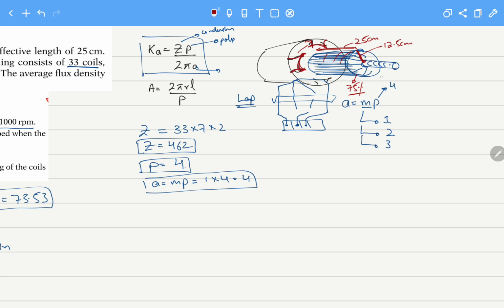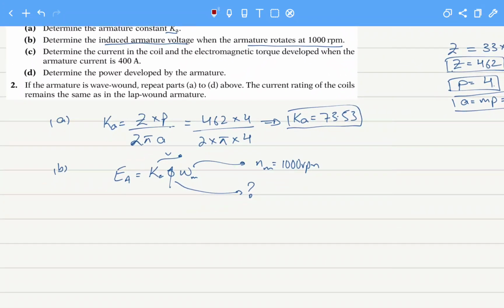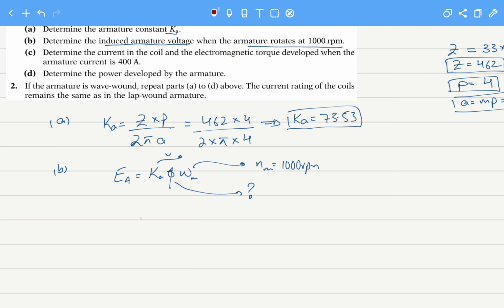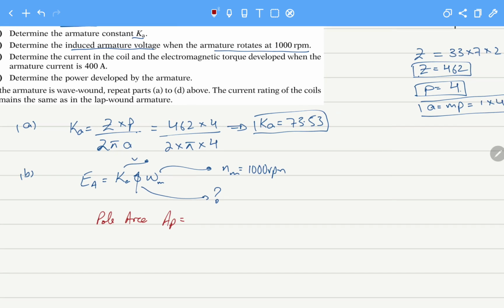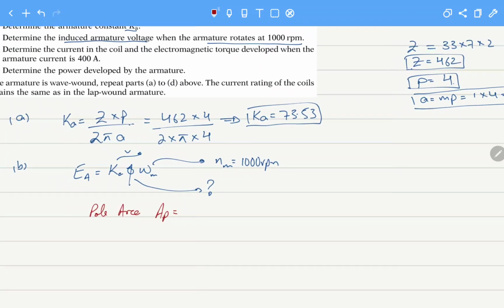If we calculate the total area of the cylinder and multiply it by 75%, we will get the effective area under the poles, the part of the rotor cylinder that is under the effect of the poles and producing the necessary EMF. So the effective pole area, we can calculate it. Pole area is actually the area of the cylinder.